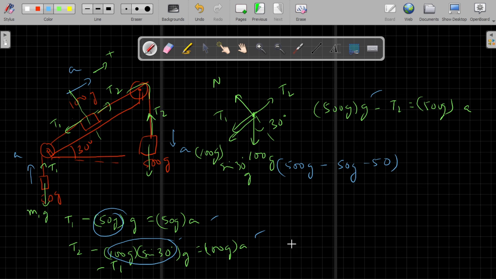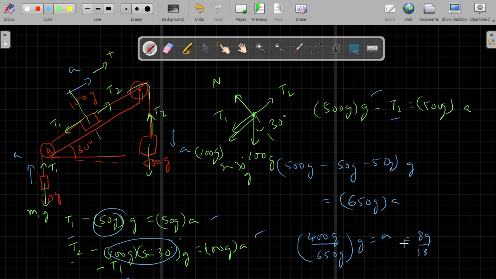So this would become 650 gram into a, and this is whole outside g. So this would come out to be 400 gram divided by 650 gram into g is equal to a. So this would come out to be 8g by 13. If you multiply 2 up and down, you will get this. So this is the value of acceleration of the whole system.